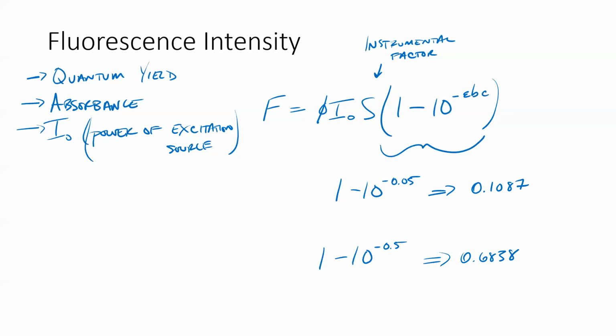And so because it's this exponential value, it doesn't go linearly, right? If we increase absorbance by a factor of 10, we don't get an increase of 10, but we still get a major increase in our overall power based on increased absorbance. So increasing all of these 3 quantities will help us increase the fluorescence intensity that we get out.